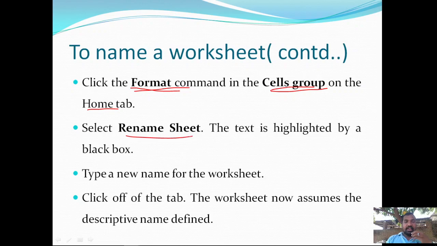Then the text is highlighted by a black box. Type the new name for the worksheet and click off the tab. The worksheet now assumes the descriptive name defined. So these are the two ways; we can use any one of these to rename the worksheet.